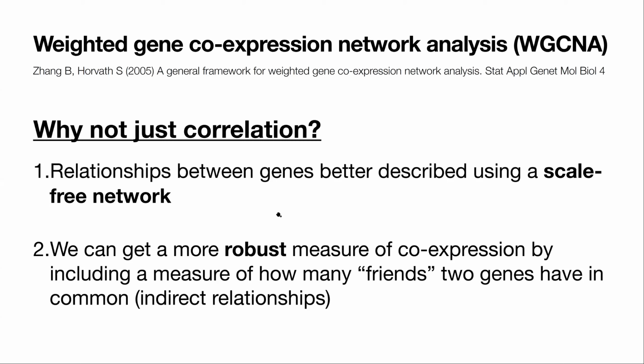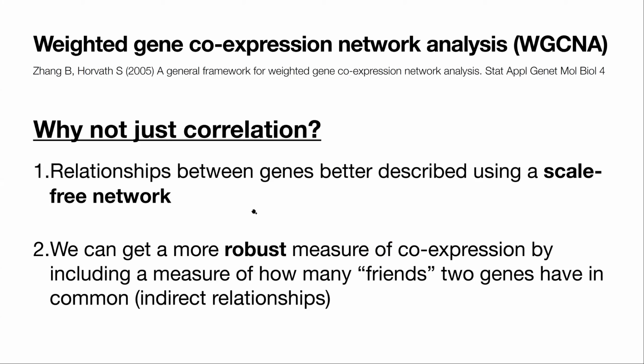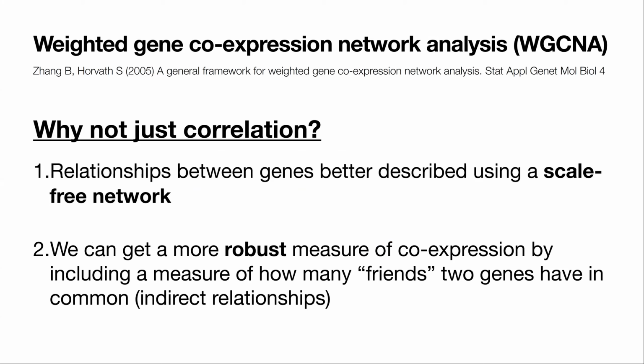And so where WGCNA differs from simply looking at correlation is that we do some statistical and mathematical manipulations with traditional correlation coefficients to make the connections between our genes, or our network, resemble a scale-free network. We'll talk a little bit about the motivation for wanting to do that in the next couple slides.